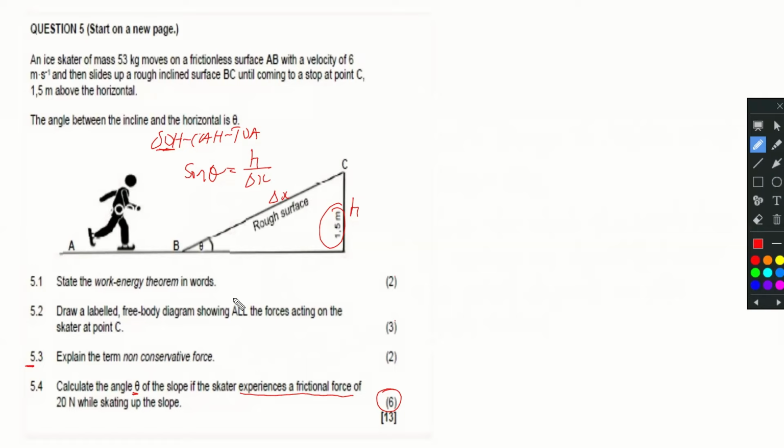And also to consider the fact that frictional force, remember, it's a what? It's a non-conservative force. So even more reason to use that formula. So that means now in 5.4 to tackle that, we can say work done by non-conservative force is equals to what? Change in EK plus change in EP, right?